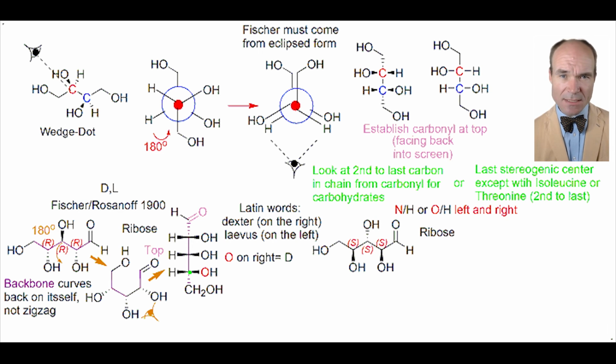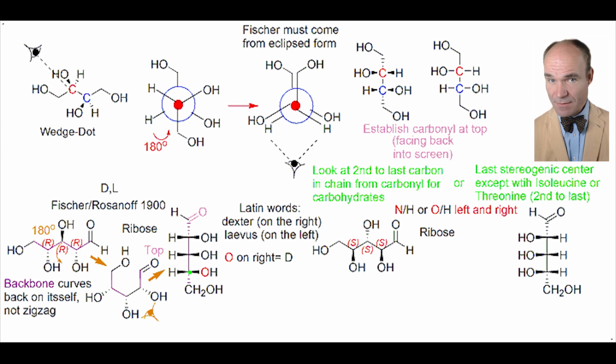Now we will depict the molecule in Fischer projection, with the highest priority carbon, a carbonyl, at the top, facing back into the screen. We look at the second to last carbon in carbohydrates, or last stereogenic center, except second to last stereogenic center in the case of isoleucine or threonine, here.